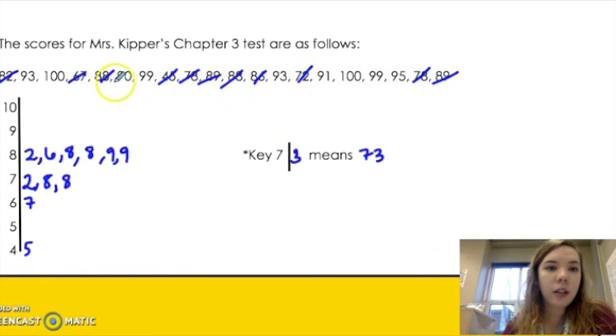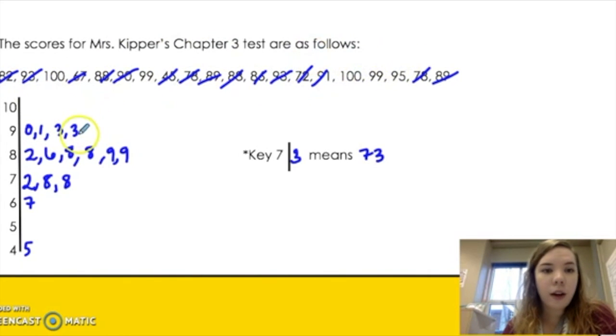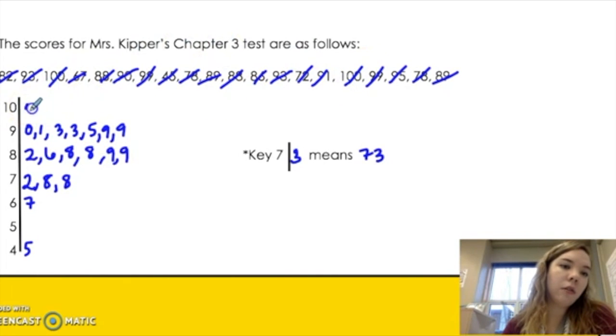Then for our 90s, we have 90 as the smallest, 91, a couple of 93s, 95, and a couple of 99s. And then lastly, we have 2 100s. All right, so this is what our stem and leaf would be for that type of problem.